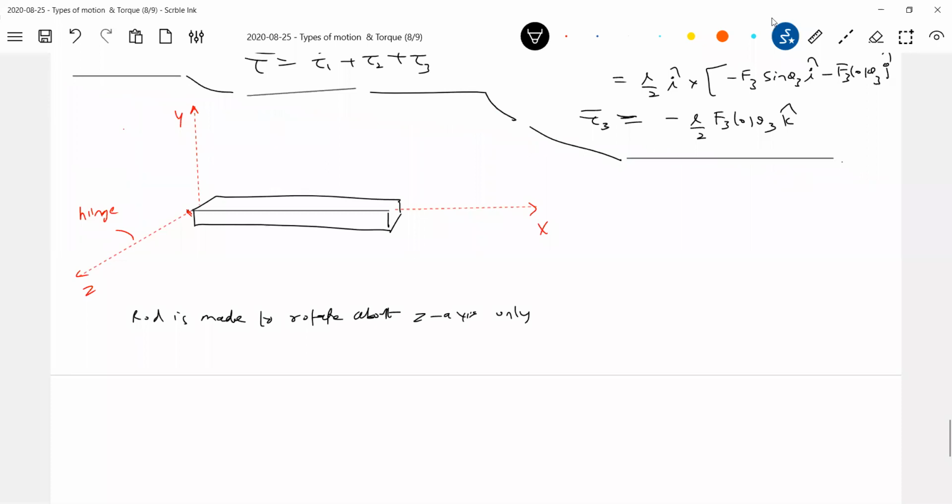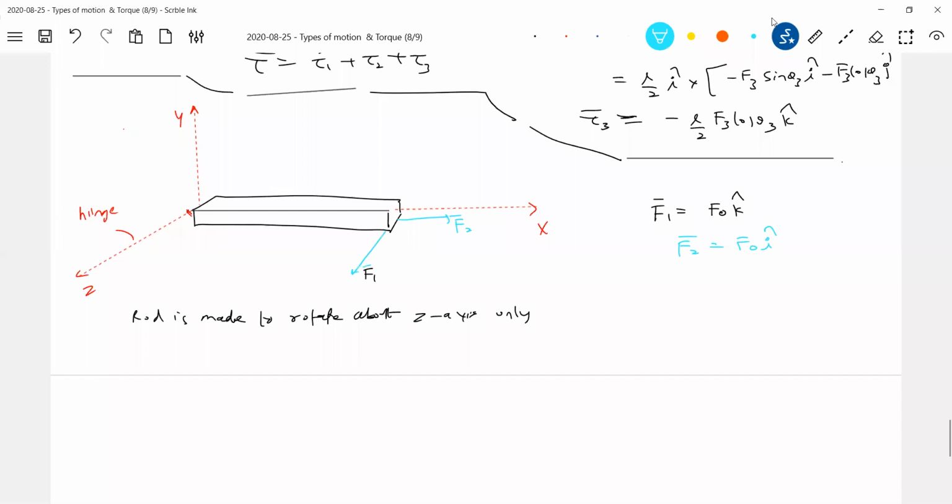Let me apply a force here. I'll apply force one, which is parallel to the z-axis. I'll call this force F1. F1 is equal to, say, F naught K cap. Then I'll apply another force, F2 equal to F naught I cap.